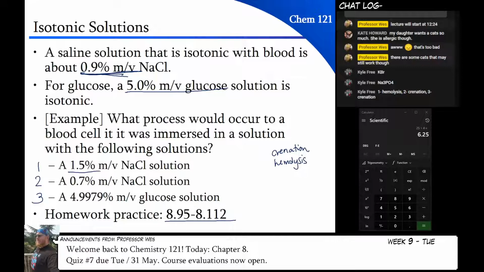This is more concentrated than that. And so what would end up happening here is that we would lose water from our cells by applying it. So this one would cause crenation, because water would flow out of our cells.